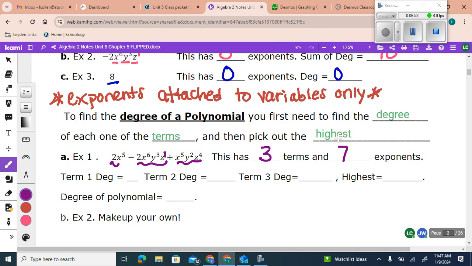So we're going to find the degree of each monomial and then pick the highest. So for example, this one here, 2x to the 5th. This has a degree of 5, right? It only has what exponent? 5. The second term, remember, we're just adding them up. The second term, we have 6 plus 3 plus 1, that is 10.